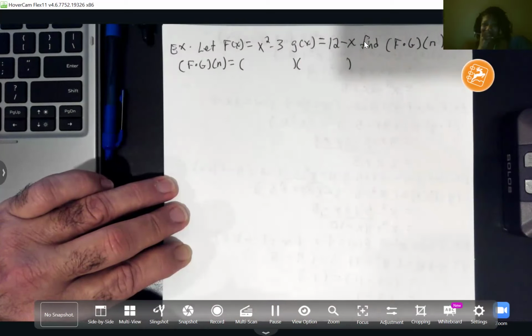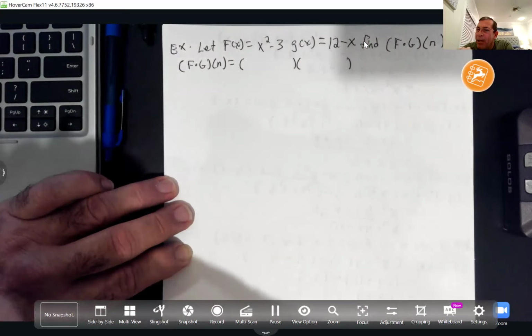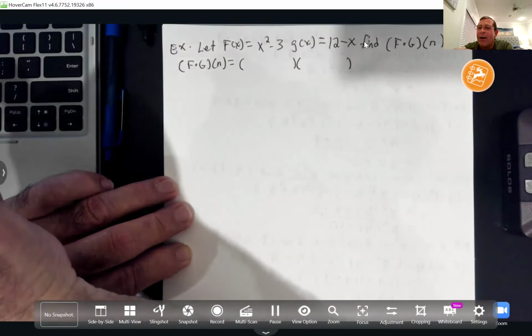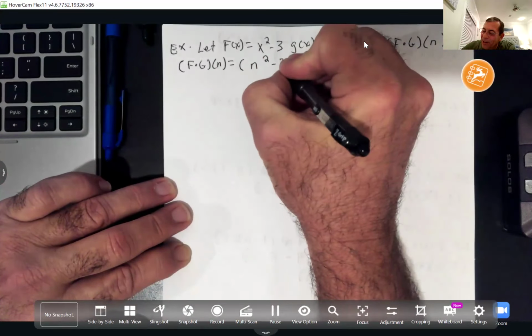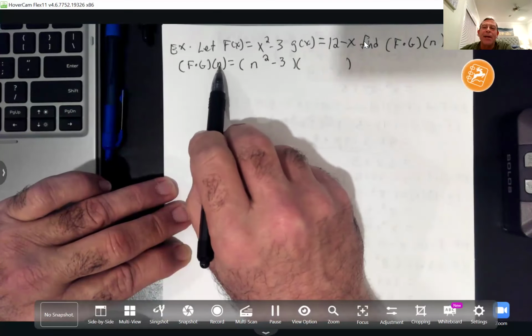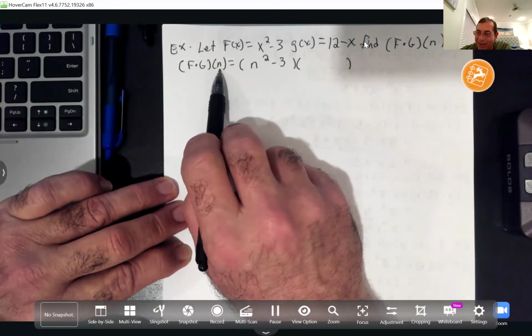N squared minus 3, because now they're saying, hey, wherever you got a variable, you got to put an n.